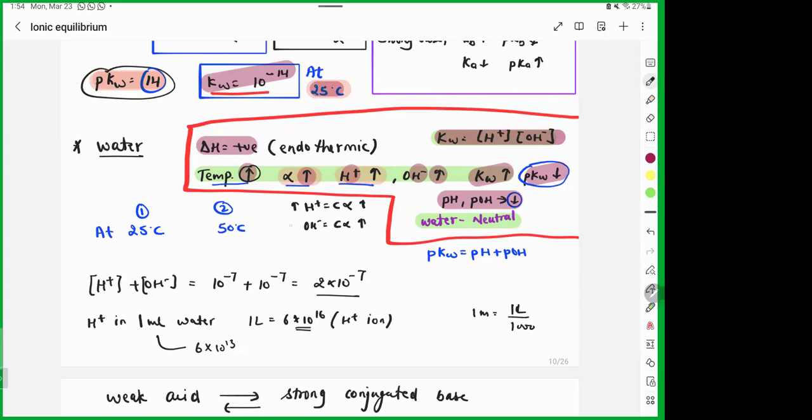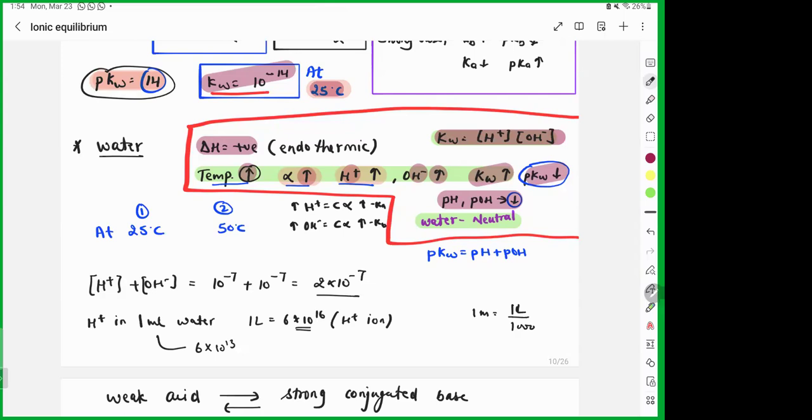If alpha increases, OH negative increases. If H positive increases, then Kw will overall increase. Why? Because Ka value will increase, Kb value will increase. That's why Kw overall increases.